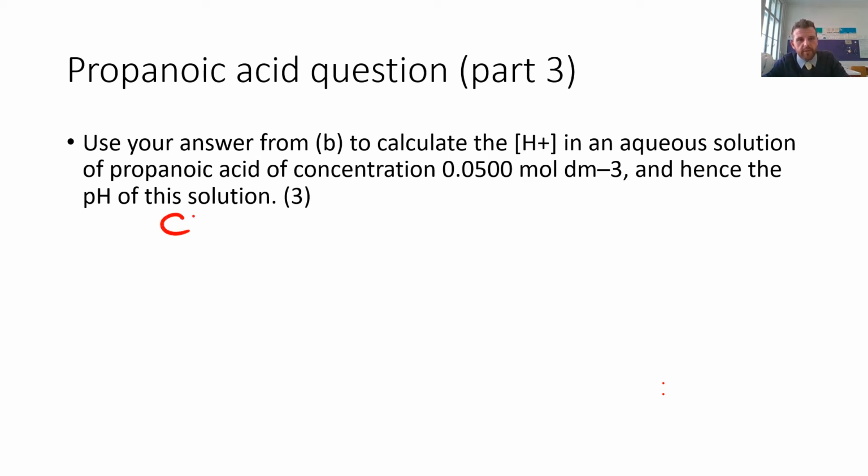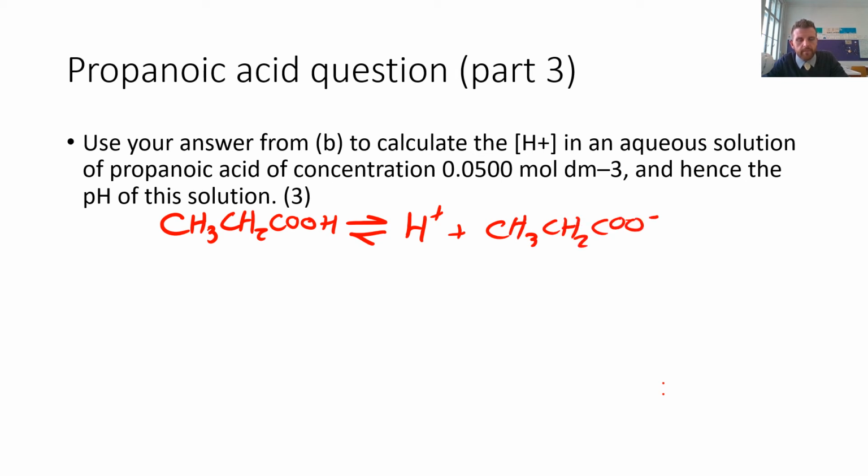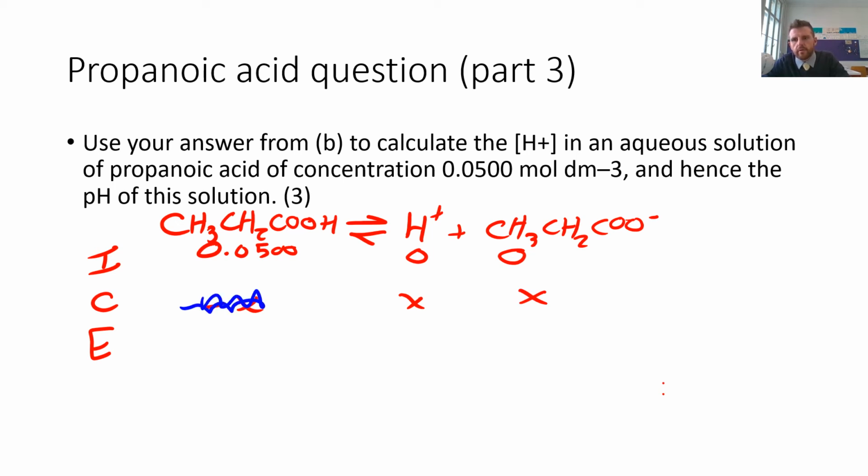So this is like the beginning of the ICE box stuff. CH3CH2COOH, back and forth, H⁺ and CH3CH2COO⁻. We've got initial, change and end: 0.0500, 0 minus x. You assume that this is negligible because the dissociation constant is not that significant.